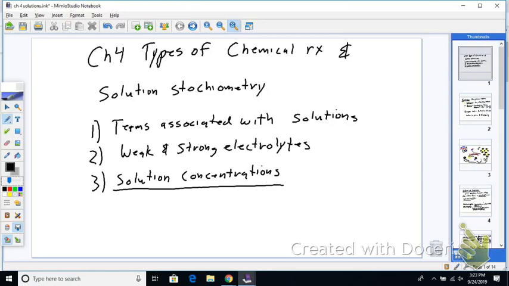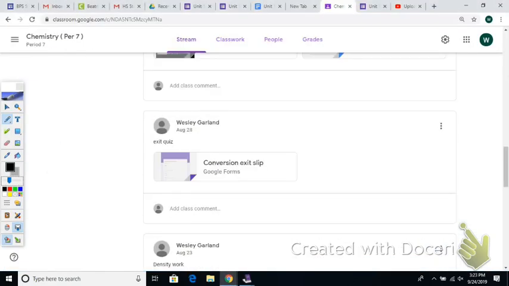So we talked a little bit about terms, and the difference between weak, strong, and non-electrolytes, and now we're taking a look at solutions. This is something that's review for most of you.